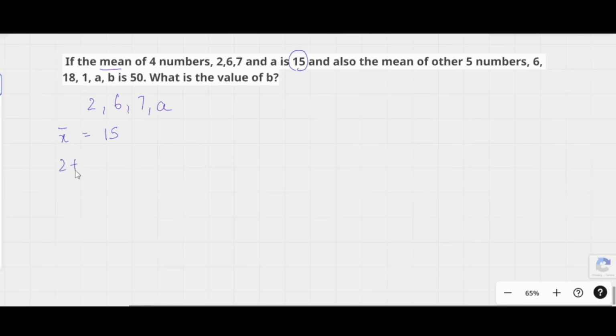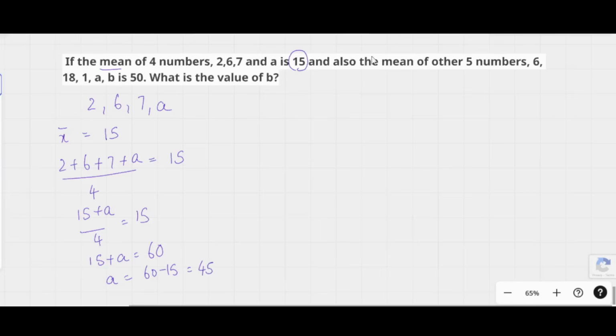So directly do 2 plus 6 plus 7 plus A divided by the total number of observations, 4, equals 15. So 8 plus 7, 15 plus A, by 4 is equal to 15. So 15 plus A is equal to 60 and A is equal to 60 minus 15, that is 45. So from the first case we got A value 45.